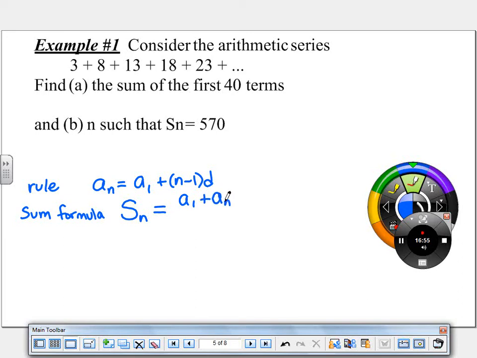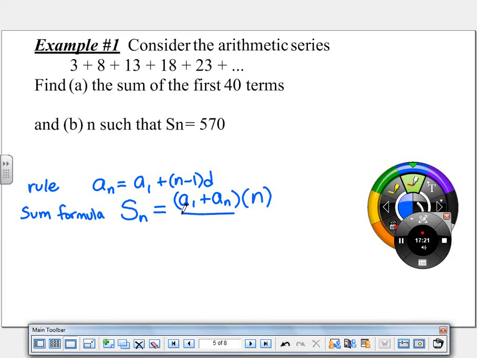Notice I'm just going to use that n subscript. If they want me to do 10 terms, this is going to be the 10th term. But if they only want me to add up 5 terms, then this is going to be the 5th term. Then what did we multiply it by? The number of terms, which again depends on how many they want me to add up. So I'll just call it n. And then what did we have to do with it?